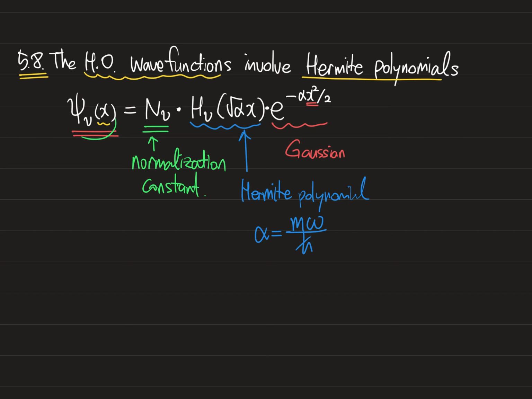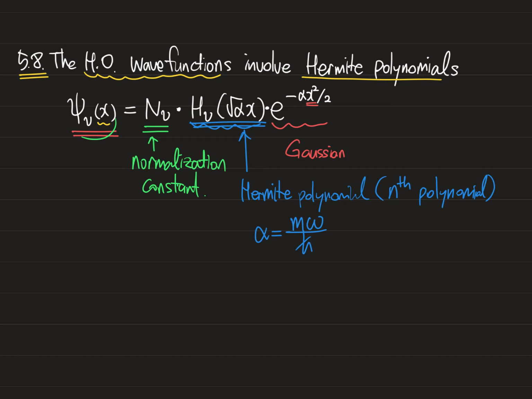So we haven't discussed the exact structure of a Hermite polynomial, but this is just an nth order polynomial. That means they are not going to decay at a large distance.